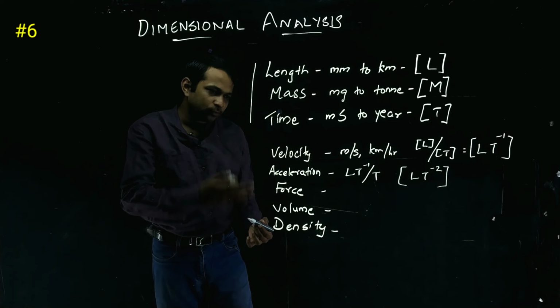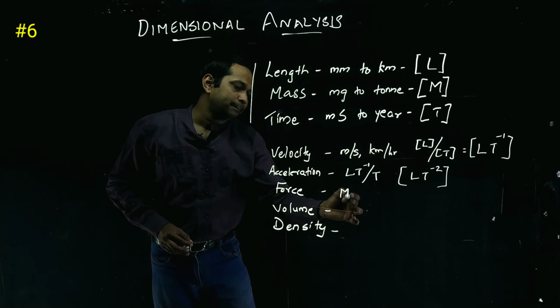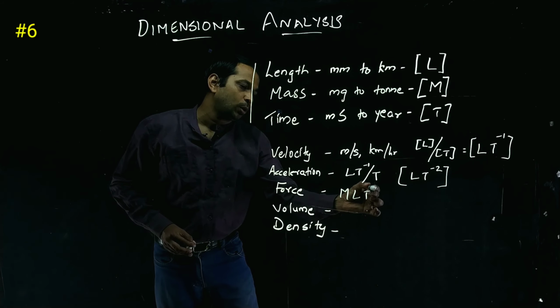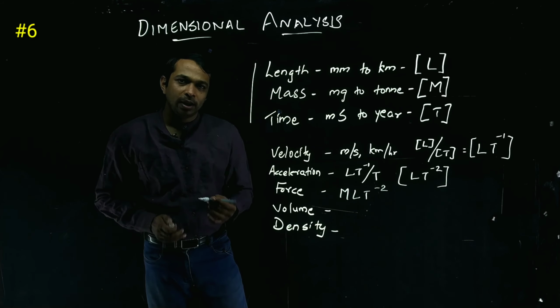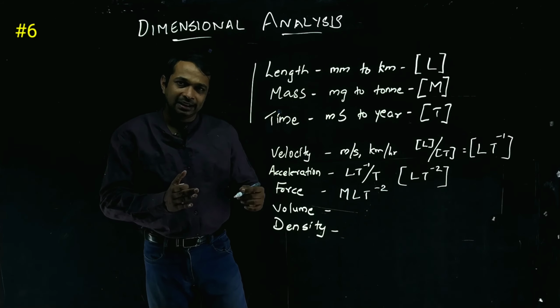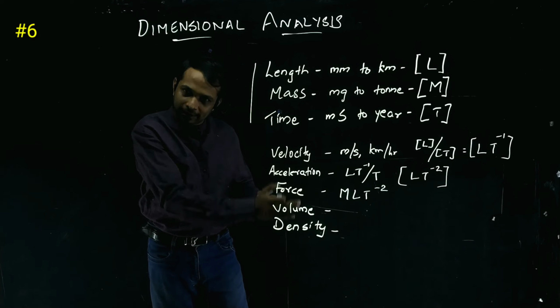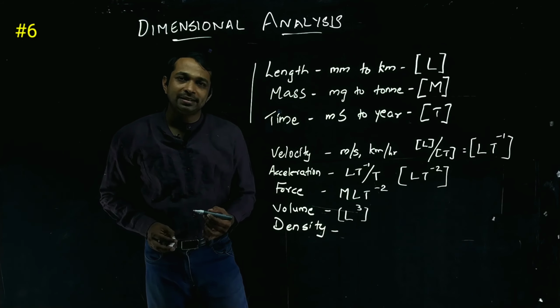Similarly, force is mass into acceleration, so MLT raised to minus 2. What is volume? Volume is length into breadth into height, which means length into length into length, L cube. And what is density?